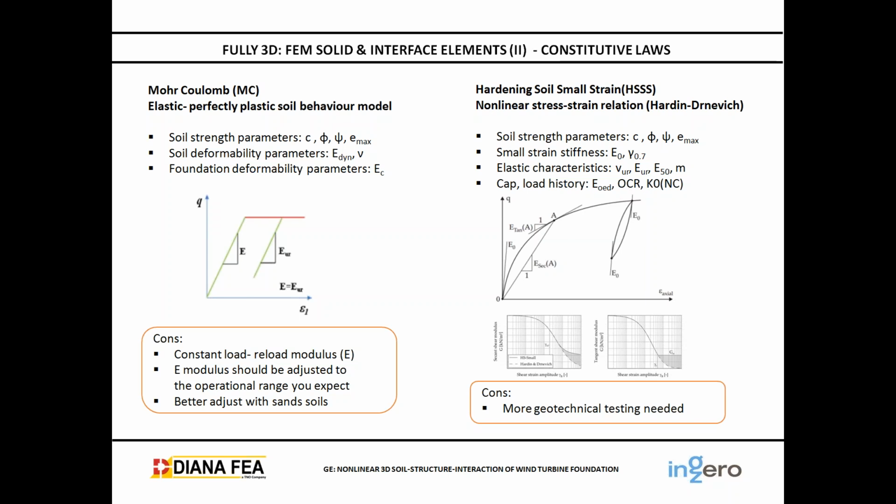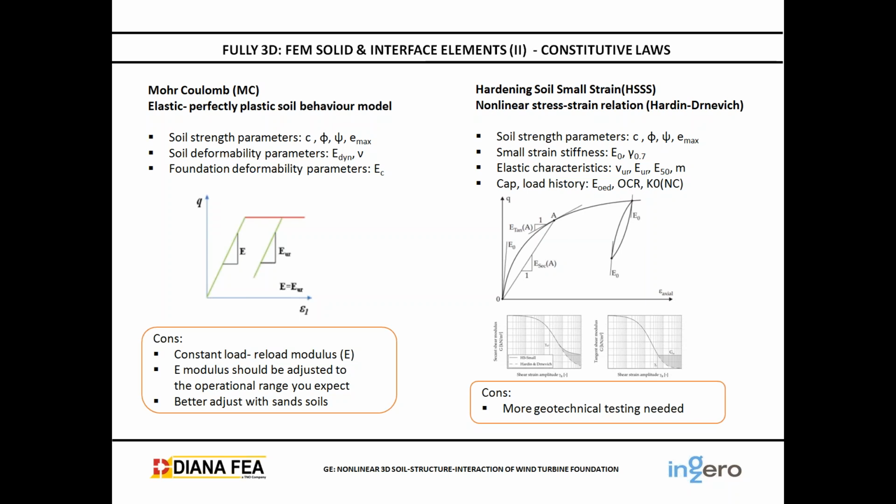The con of using this soil model is that it has a constant load and reload modulus, as we can see in the graph. The modulus should be adjusted to the operational range you expect. As we know, in turbines we have different ranges of loads, the initial ones, the maximal, the operational ones, and this soil model has a better adjustment with some soils.